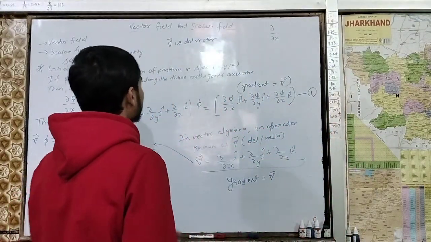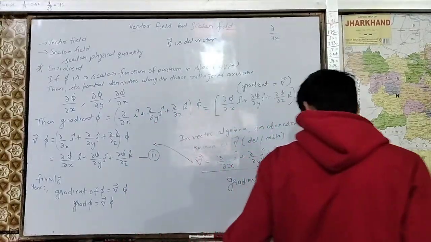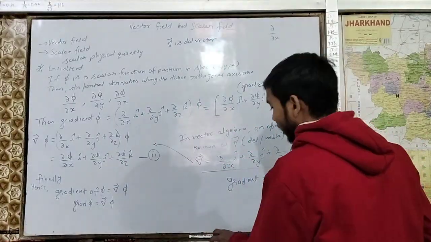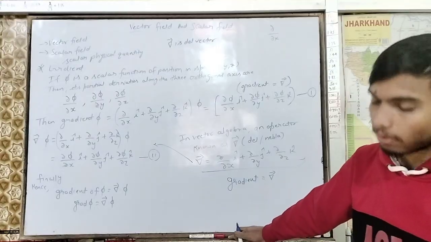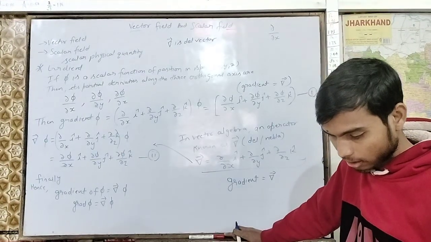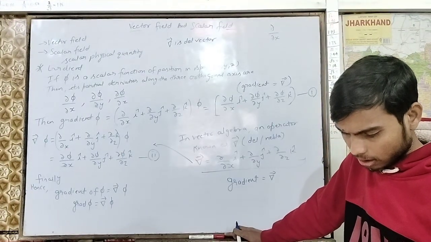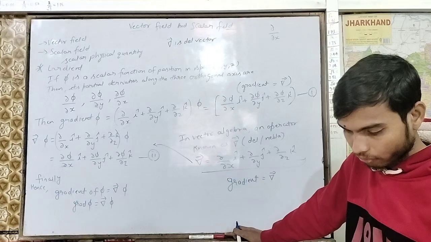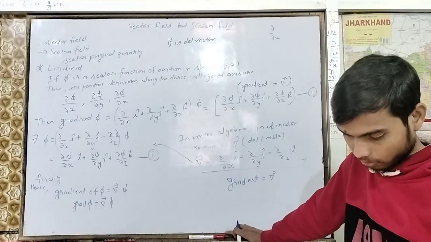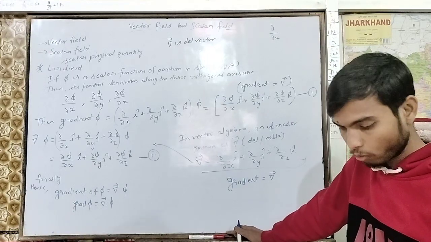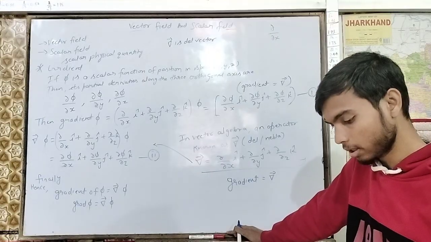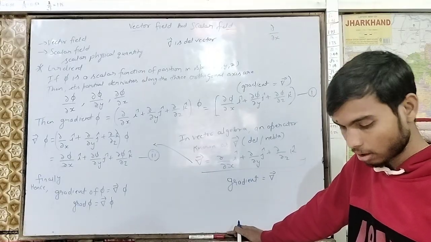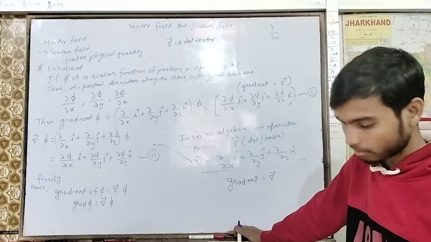When you use this del operator with a scalar quantity, then it will convert it into a vector. It will convert a physical quantity, which was phi, to a vector physical quantity. So del operator into phi will give us a vector quantity.